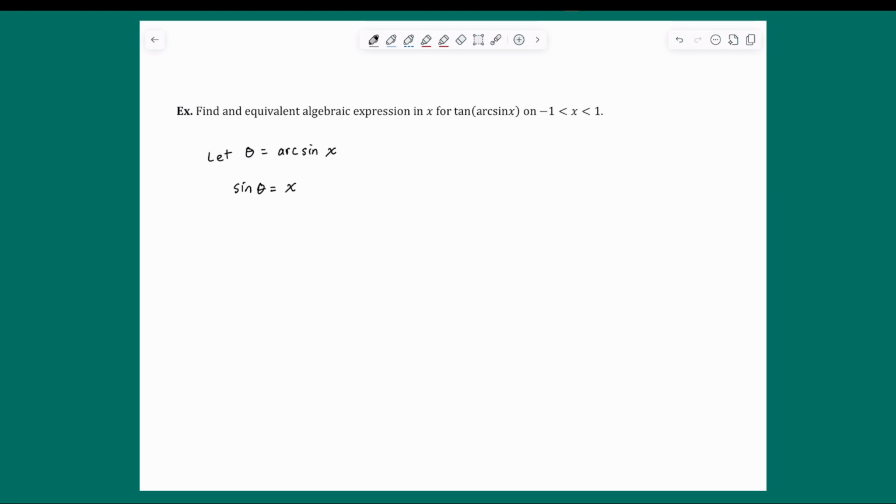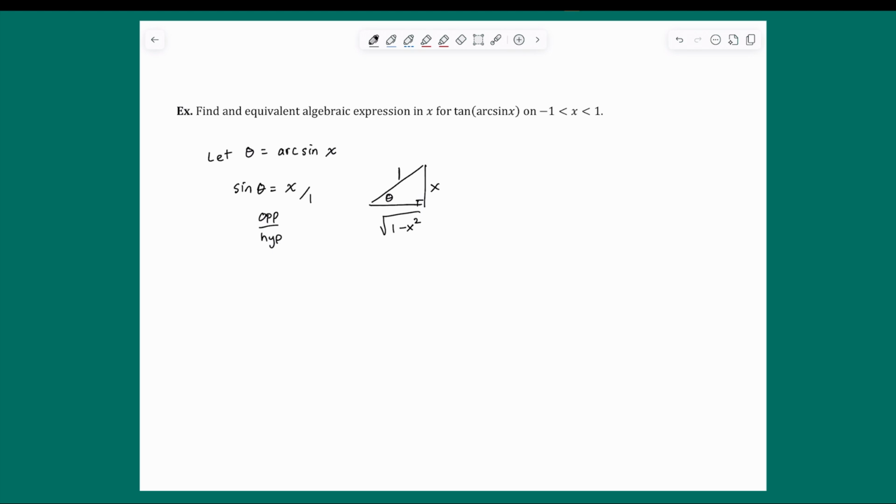And once again, using a right triangle here to imagine this scenario. So here we have a right triangle, and one of its angles is theta. We know sine is opposite over hypotenuse, so we could think of this x as x over 1. So then we would have opposite of this angle, which would be x, and hypotenuse of 1. All right, so then the other side would have to be the square root of 1 minus x squared. You could show that by using the Pythagorean theorem.